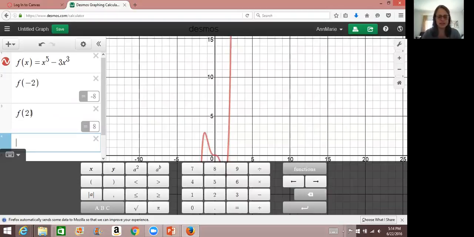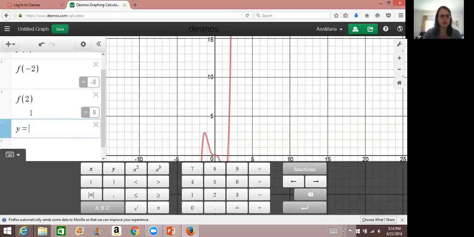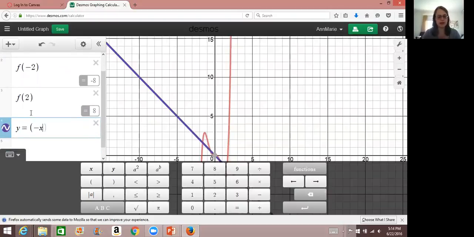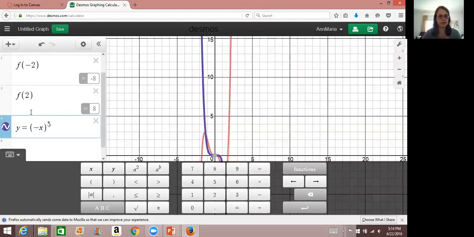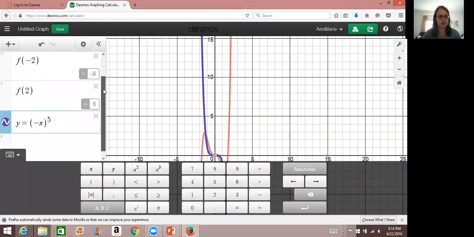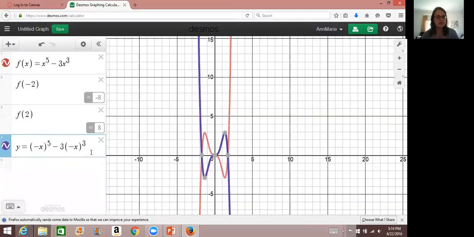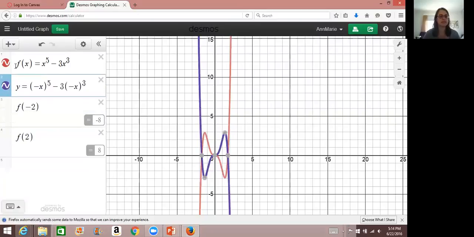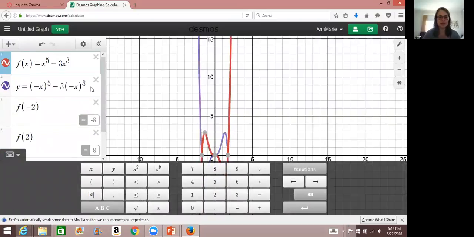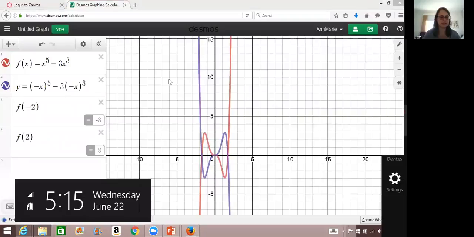So let's see what happens if I do this. Y equals negative x to the 5th minus 3 times negative x to the 3rd. Yeah, this will work. Okay. So do you see what I did? Compare my two functions here. This one is my original. The red line represents my original.